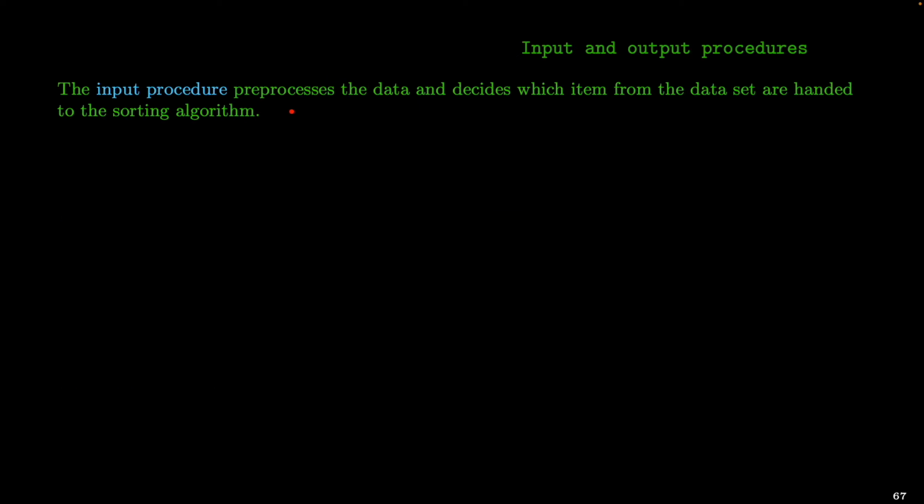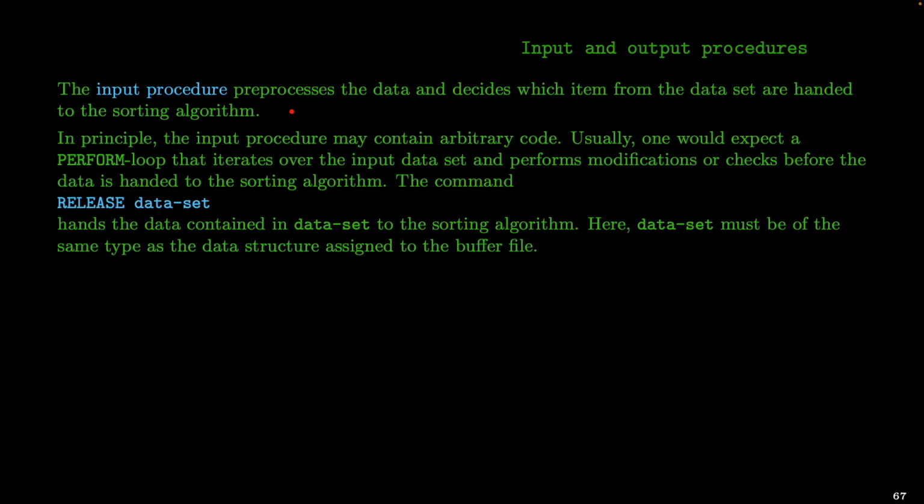The input procedure pre-processes the data and decides which items from the data set are handed to the sorting algorithm. And in principle, you could put arbitrary code into your input procedure. Usually you would run a perform loop that iterates over the input data and performs some modifications or checks before the data is handed to the actual sorting algorithm.